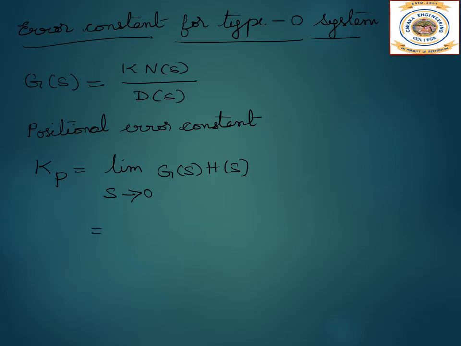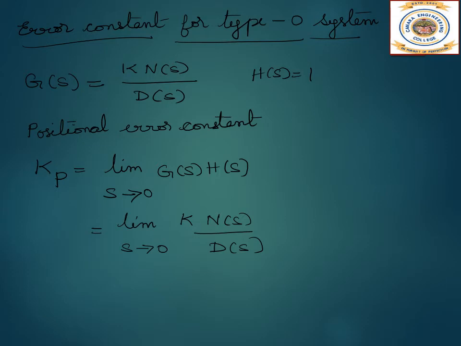So let us consider it as a unity feedback, and I'll write it as 1 over here. G(s) H(s) is K times numerator over this denominator, as s tends to 0. Let us write it as D(s).